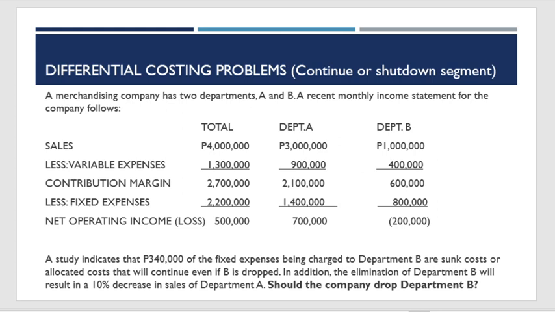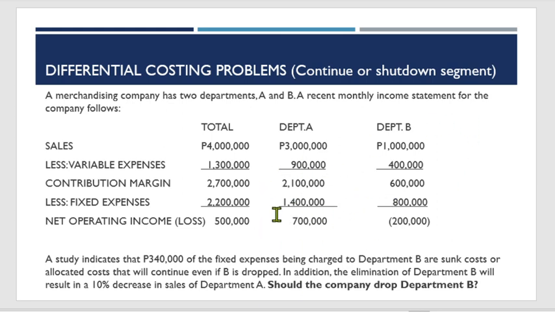Hence, kung bababa ang sales ni Department A, di ba, sales is a benefit, and then ano ang related dyan? Yung variable expenses. Hindi naman pwedeng bumaba yung sales pero yung variable expenses remains. So, ibig sabihin, kung bababa ang sales, bababa din yung variable expenses mo. Then, mayroon ang effect niyan doon sa contribution margin.